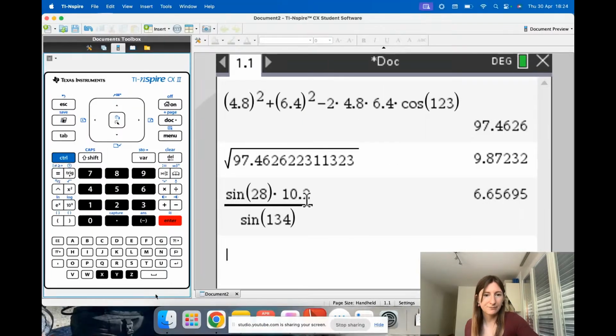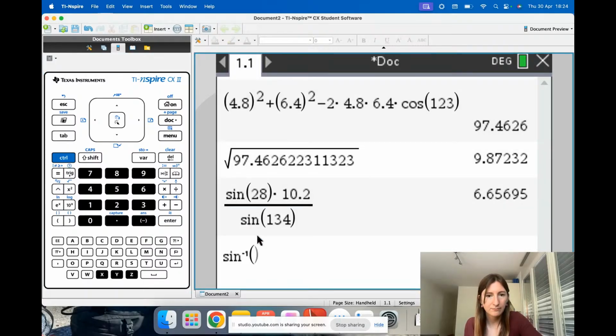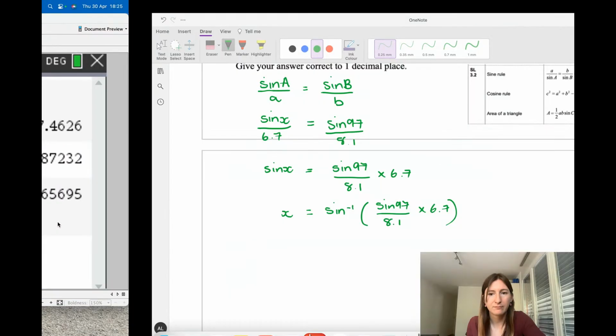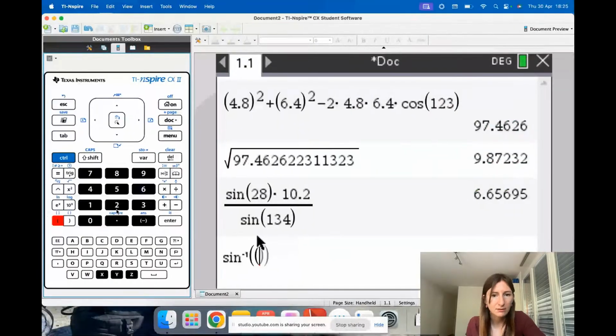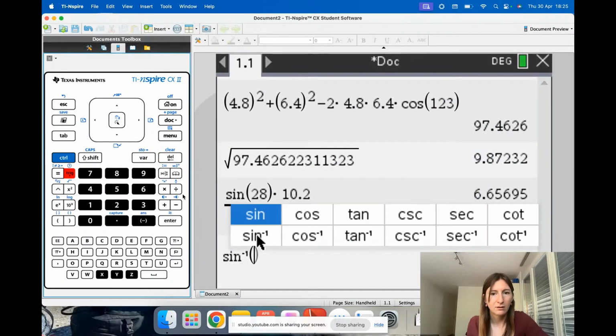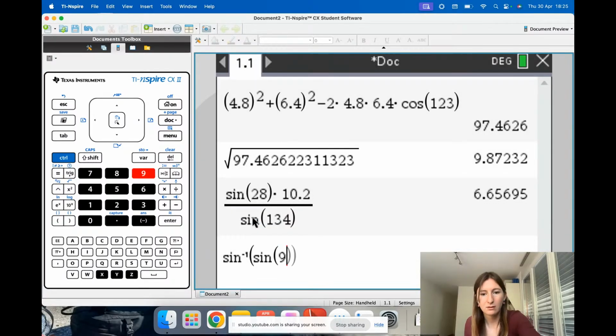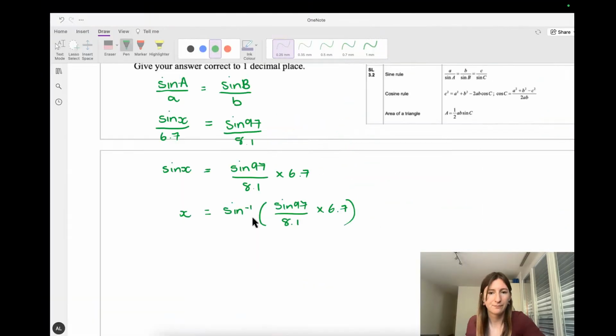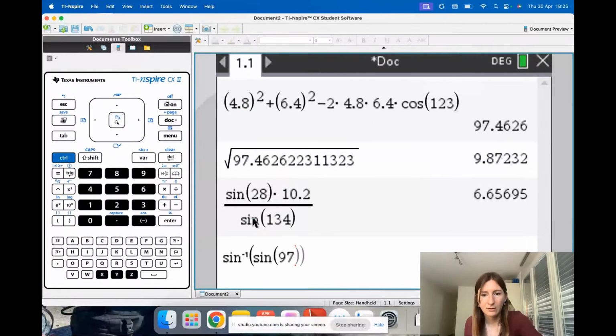So are we ready? Let's go sine minus 1. Where is my fraction blocks? But no, it's fine. I'll just do brackets. Sine 97, sorry. Just have a closed bracket there.